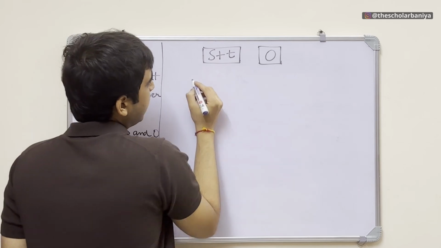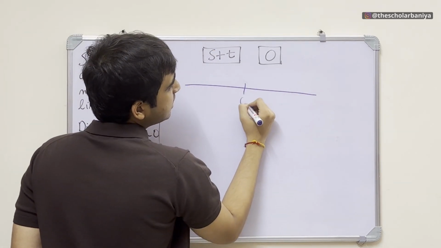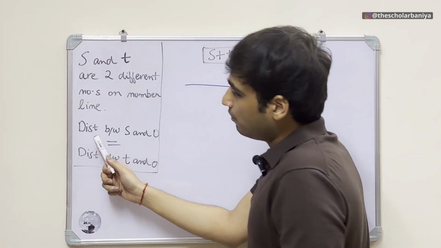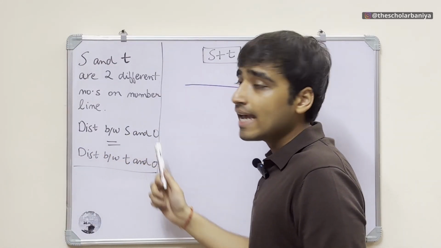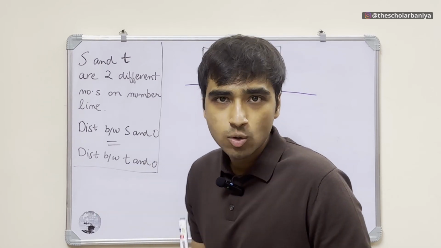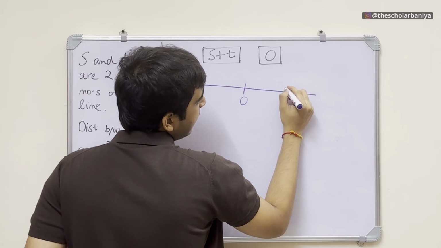So let's form a number line, right? For example, this is 0. Now, we know that the distance between S and 0 is the same as the distance between T and 0, right? So let's assume that S is over here.